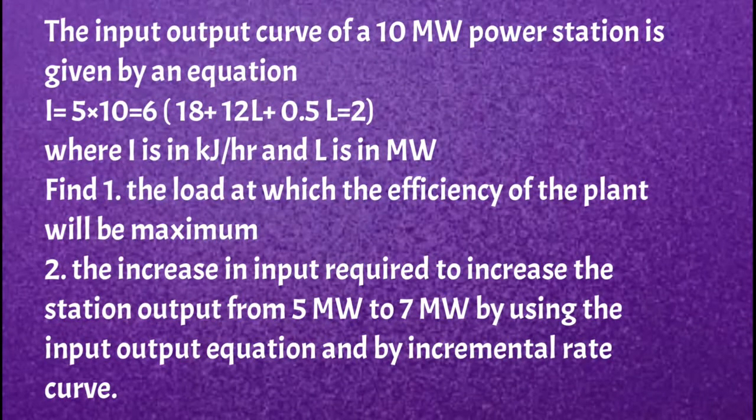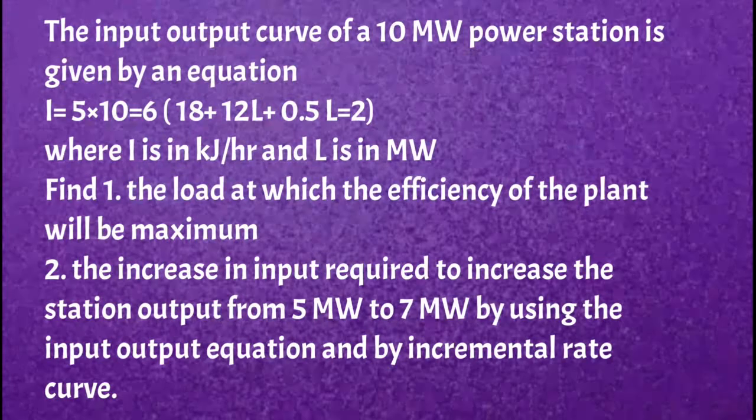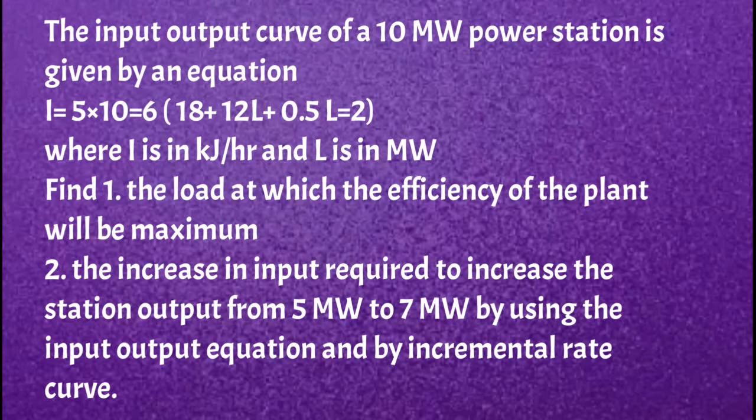An input-output curve of 10 megawatt power station is given by an equation I is equal to 5 into 10 raised to 6 in bracket 18 plus 12L plus 0.5 L square, where I is in kilojoule per hour and L is the load on the power plant in megawatt.